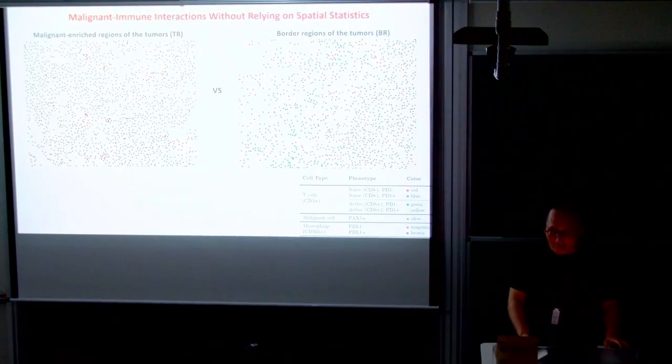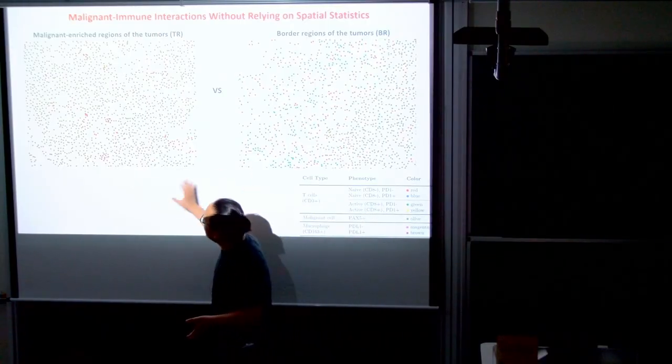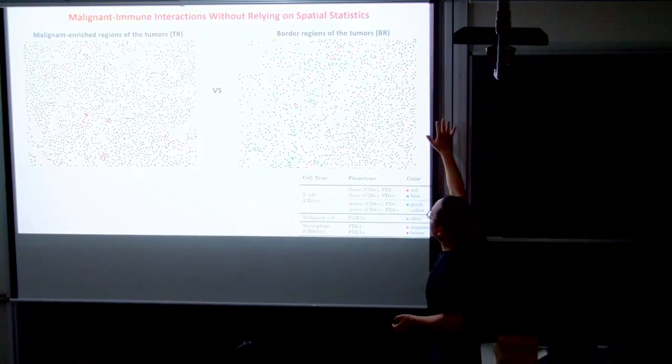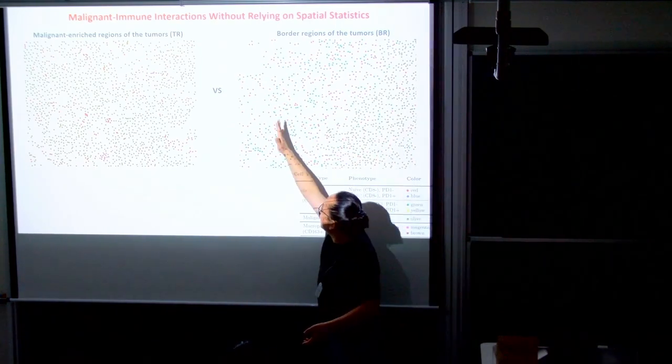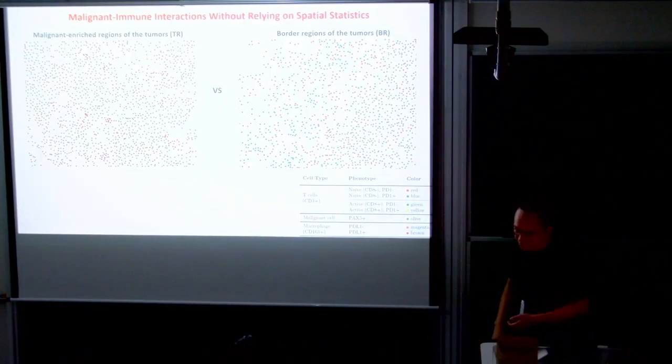Why do we want to do this? This data set is annotated by the oncologist, in the middle of the cancer area, or at some of the boundary or border of the cancer areas. So these are olive colors, and there are many different colors, meaning different phenotypes of the immune cells.